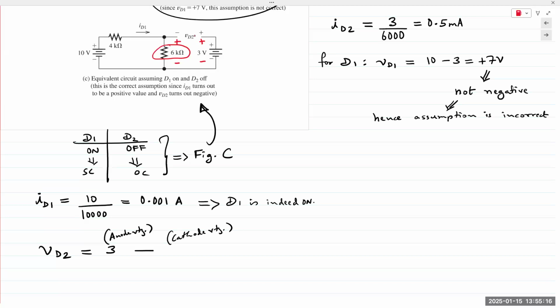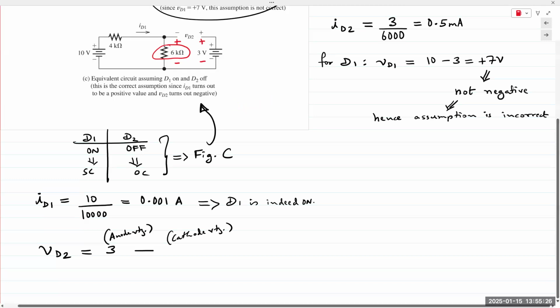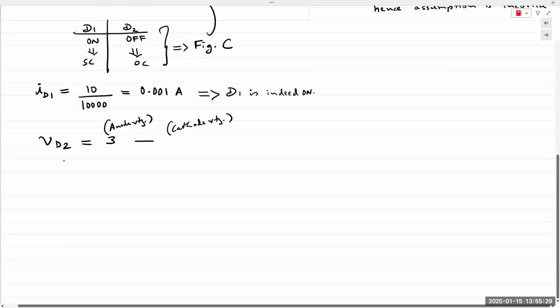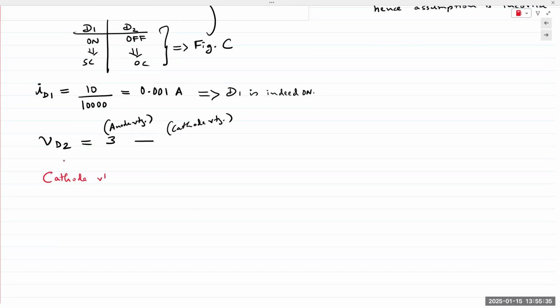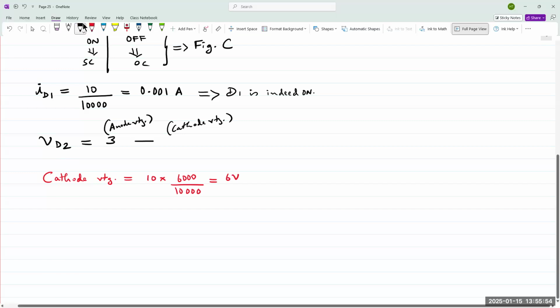The voltage across 6K is 10 volts times 6,000 divided by REQ, which is 6 plus 4, 10,000. That gives me 6 volts, so the voltage at the cathode turns out to be 6 volts.